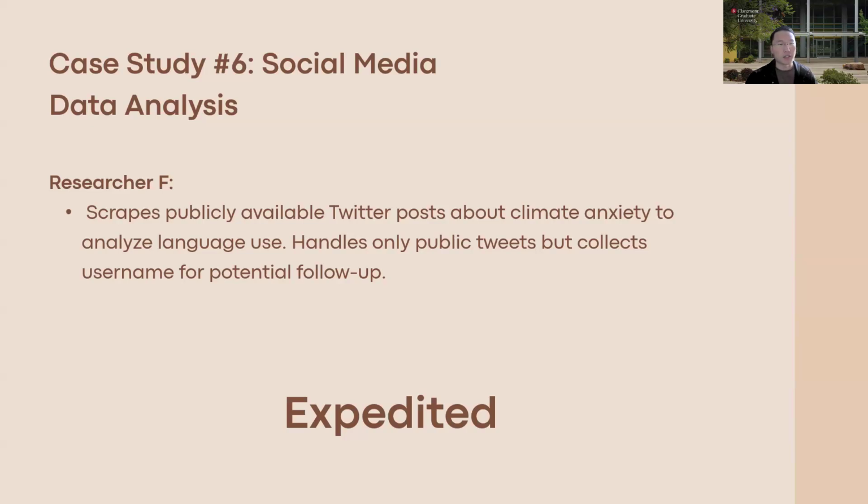So having those data collectively together, it depends, but sometimes it can reveal who the person is. But the point about usernames is right, it doesn't always necessarily link to a certain individual. So I think it could apply to both exempt or expedited, depending on the situation. Thank you.